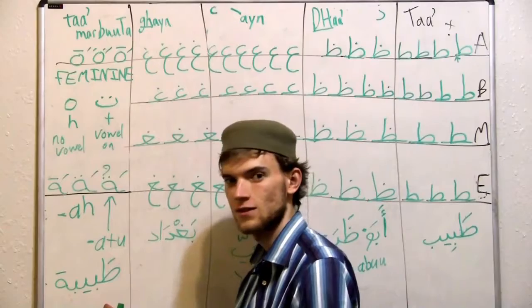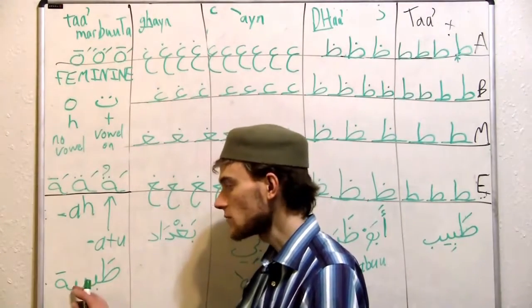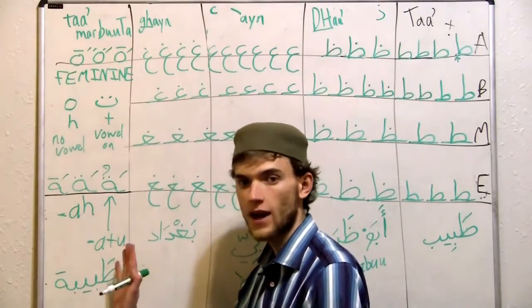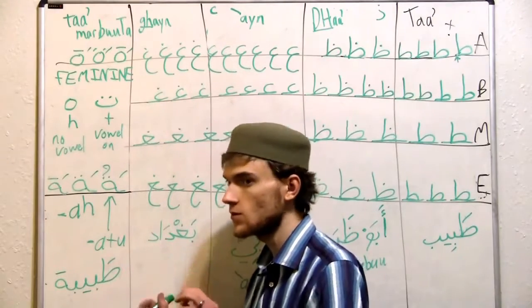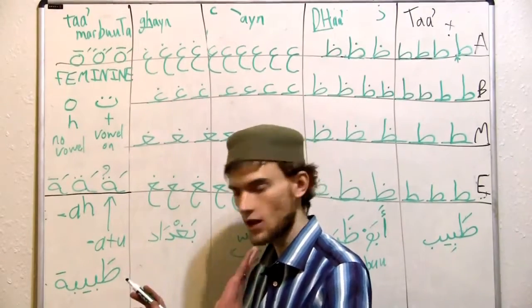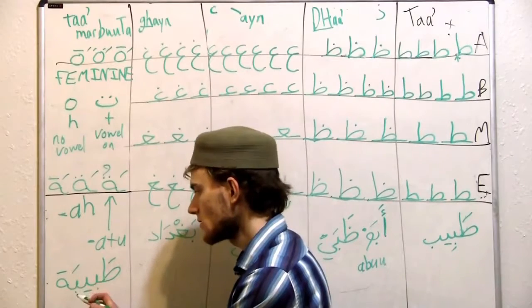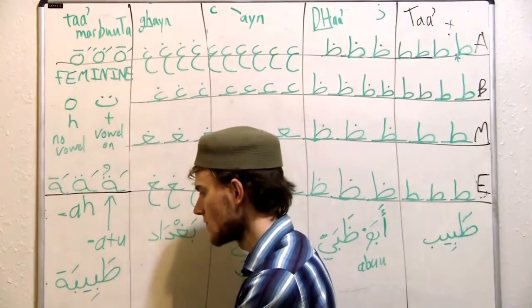Everyone see this? I don't have to write the fatha on the ba because I know every time you see a ta marbuuTa, there's always going to be a fatha before it. But I can, just because we're learning tabiba, right?